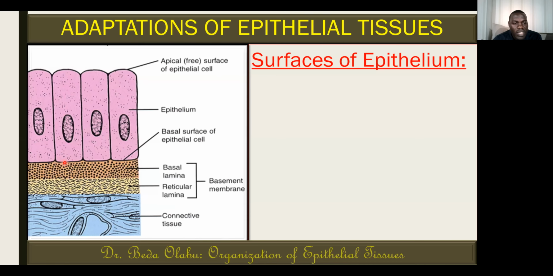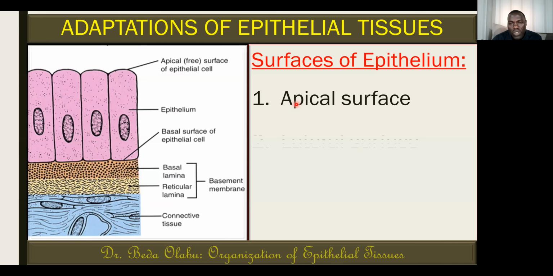So this is the basal side. This is the apical side, but there's also this side here, which we call the lateral side. The lateral side is where the individual cells relate with one another.